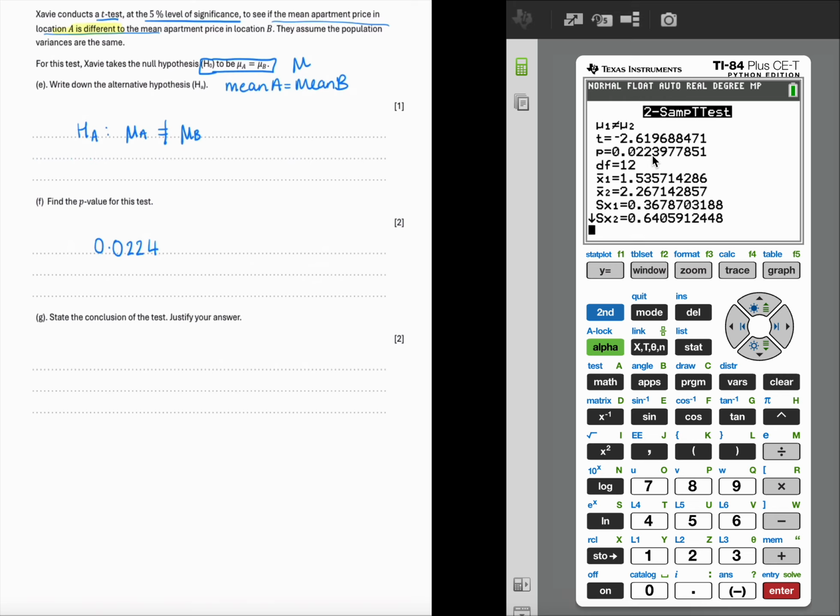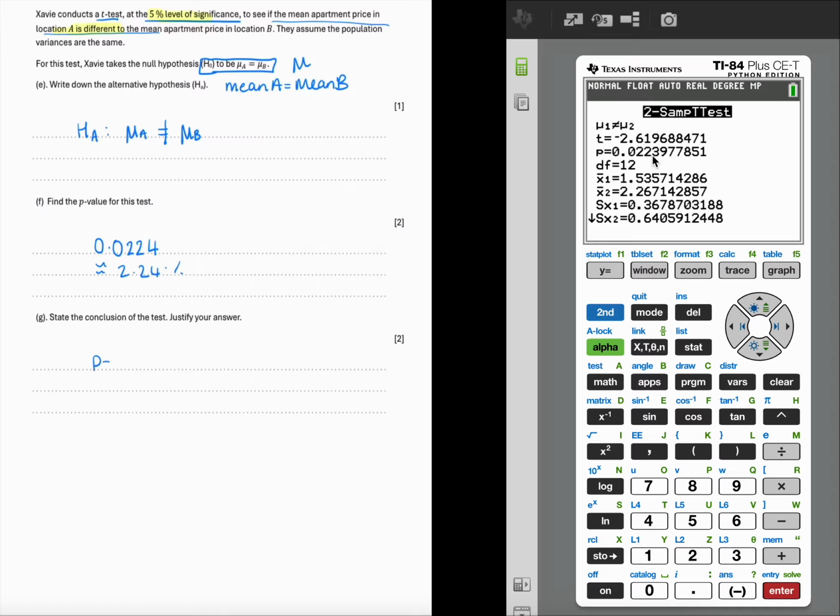And then we need to state the conclusion of the test. So if I'm doing it to a 5% significance level, so you can see up here, 5%, then we're comparing the 5% to the p-value, which is approximately 2.24%.